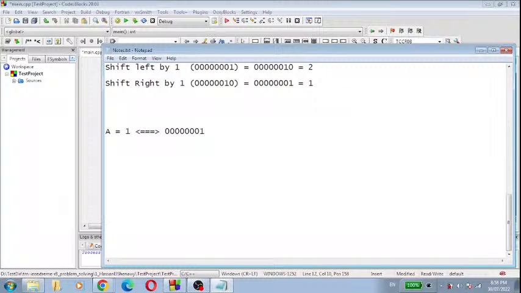I want to set this bit. If these are the orders, 7 6 5 4 3 2 1 and 0, I want this bit to be 1. This is the 5th bit, the bit number 5. I want to set this bit.